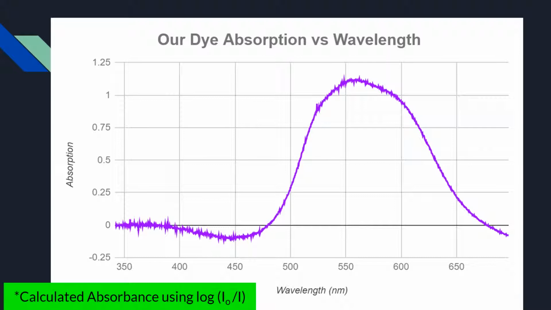Granted, the intensity on the left side of the absorption doesn't really match the other curves, so that's our one issue with this. However, the peak is pretty perfect compared to the reference dye curves that I'm going to show you in a second. We didn't calculate this incorrectly, it's just a different way, so we still like to keep it because it gives us the data.